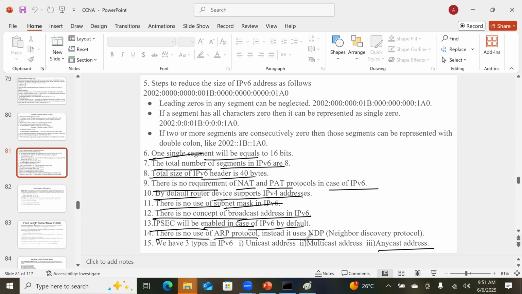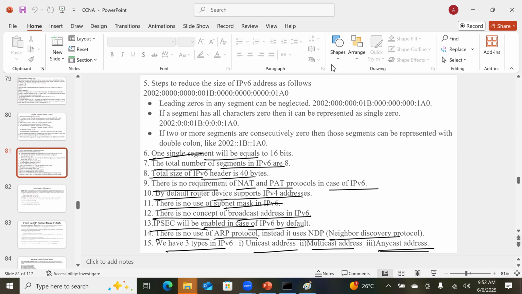Here we use one more protocol, just like ARP, called Neighbor Discovery Protocol. And we have 3 types in IP version 6: unicast address, multicast address, and anycast address. These are the 3 types of IP version 6 addresses. Clear? This is about IP addressing.